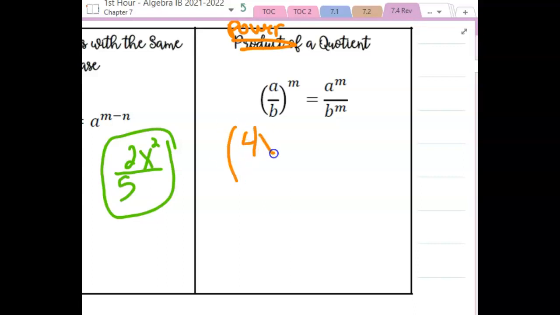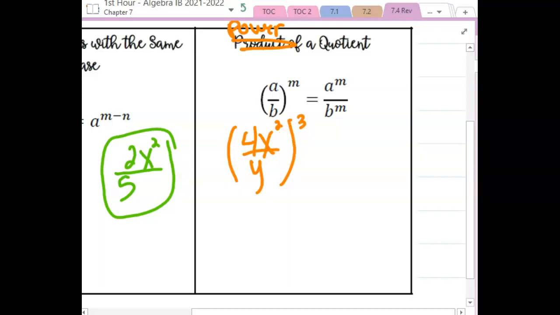So if I have 4x squared over y, and that whole thing is cubed, it just means you're going to cube everything. You just have to make sure you do cube everything. You have to cube the 4. 4 cubed, 4 times 4 times 4, would give you 64.